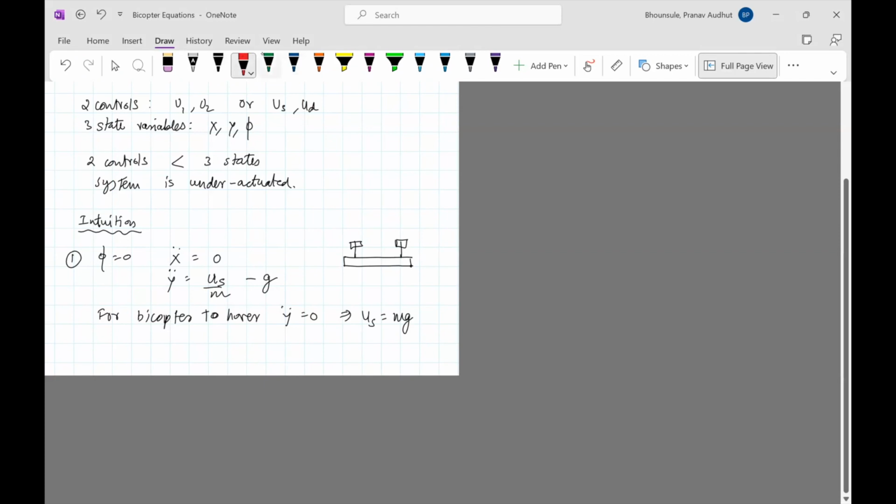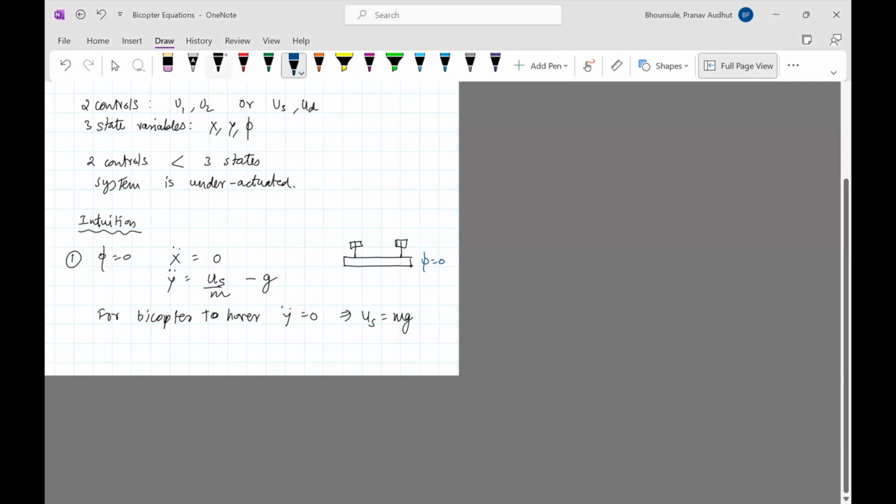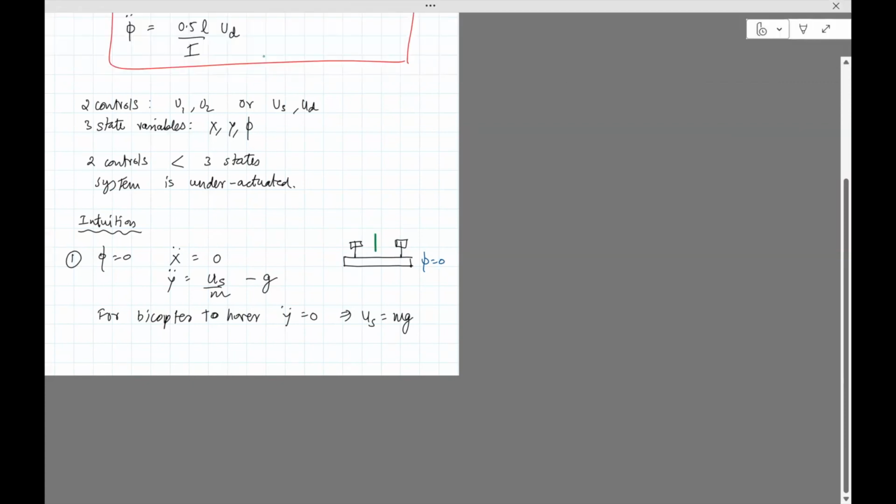Here phi is equal to 0, the thrust force should be equal to mg. The thrust force, which is upward, balances the weight due to gravity, and the bicopter will remain stable. Okay, so that's what you will expect in default conditions. It will not fall down if you do this.